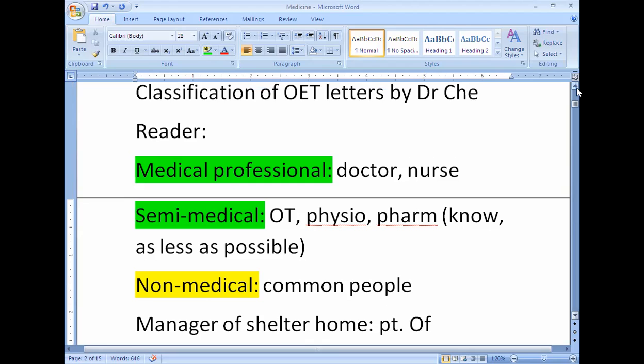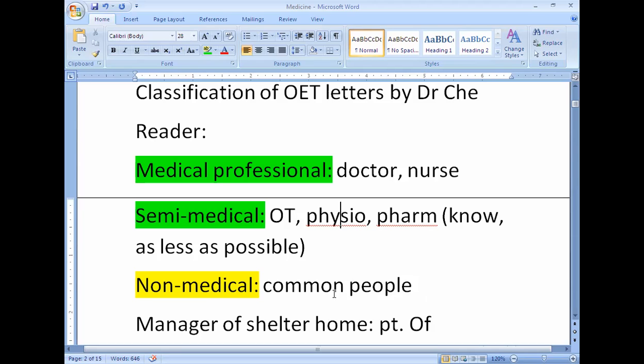For example, in nursing letters you are writing to parents of patients, parents of kids. In pharmacist letters, you are writing directly to a patient to advise about medication, about their side effects, their use. In nursing, when you are writing to parents of a baby who is studying in school, in that case you need normal language.